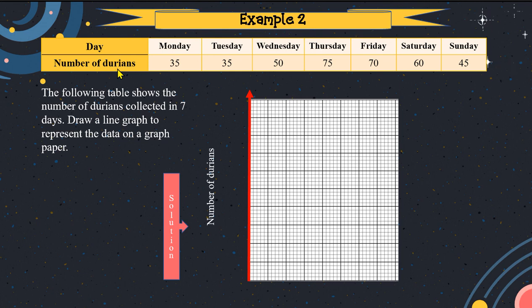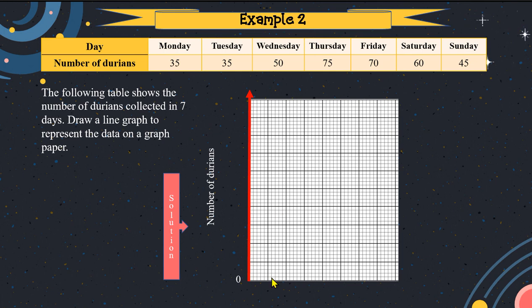Our number of durians, the smallest one is 35 and the highest one is 75. If you want to put here, let's say 5, 10, 15, 20, 25, 30, 35, 40, 45, you have not enough space to write down until 75. You can also create 10, 20, 30, 40, 50, also not enough.